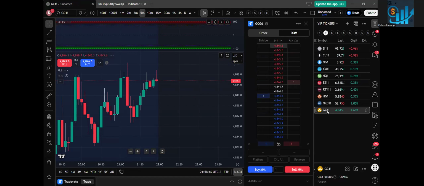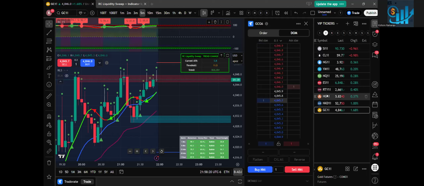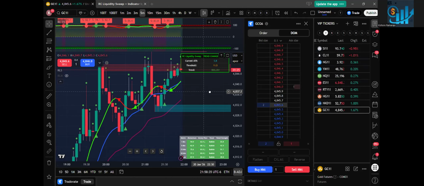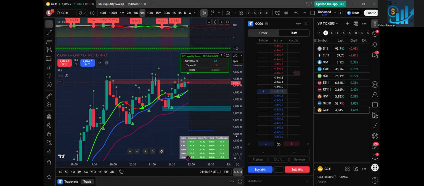As I mentioned, GC is bullish. NKD, ES, NQ, all these are bullish for IM. Mainly crude oil and silver are looking bearish for overnight trades. And for the liquidity sweep, all we are doing is waiting for a reversal.